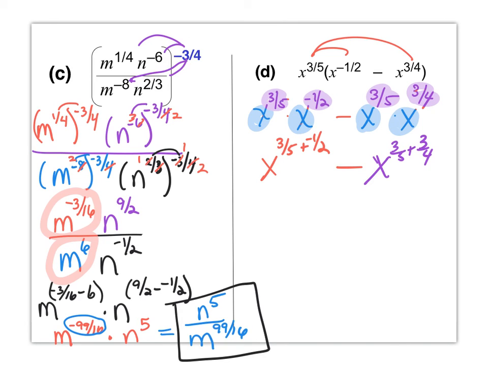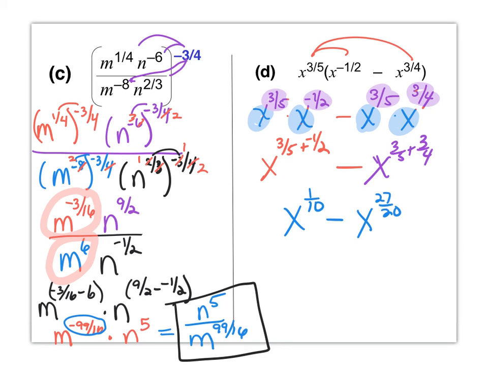Now add those exponents, and we get 3/5 plus negative 1/2, which is 1/10. And 3/5 plus 3/4 is 27 over 20. Again, you can use a calculator to add those fractions together and simplify.